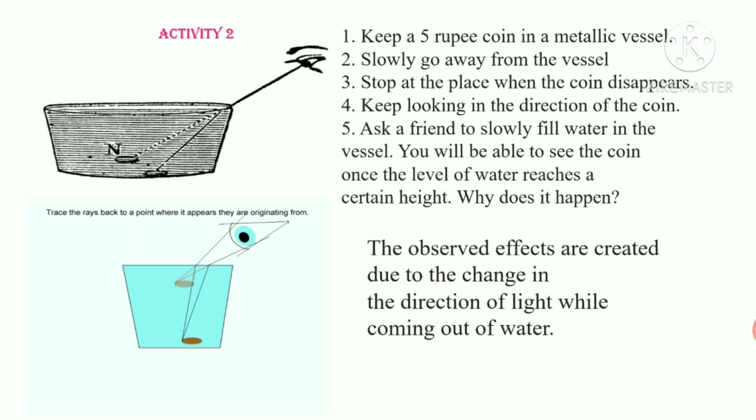Ask a friend to slowly fill water in the vessel. You will be able to see the coin once the level of water reaches a certain height. Why does this happen? The observed effects are created due to the change in the direction of light while coming out of water.